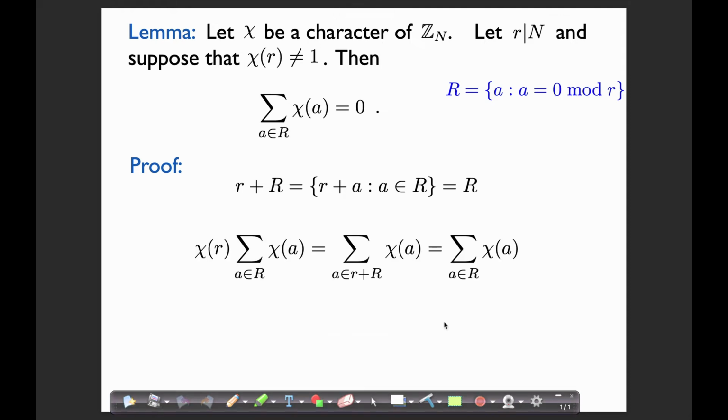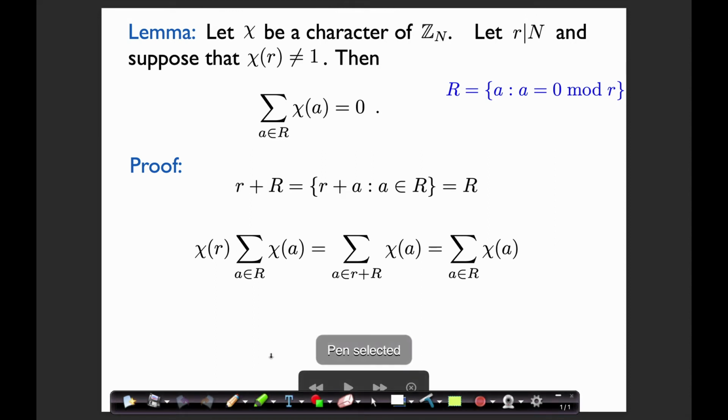Let's start actually here on the right-hand side. So this is the quantity that we're interested in, the sum over a in R of chi a of r. Now, by this property, the fact that translating the set by r doesn't change the set, summing over a in capital R is the same as summing over a in r plus R. Now let's think about this for a second.